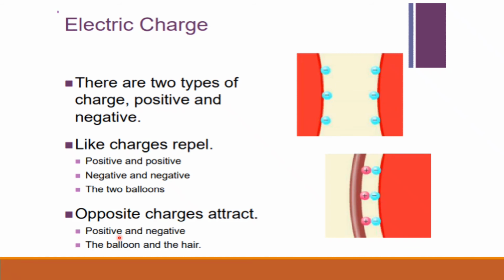For the next example, we have the balloon and the hair. Opposite charges attract. The hair is positive and the balloon is negative, so they attract each other. That's why the hair goes with the balloon if you rub it on your head. It's not magic, it's called science.